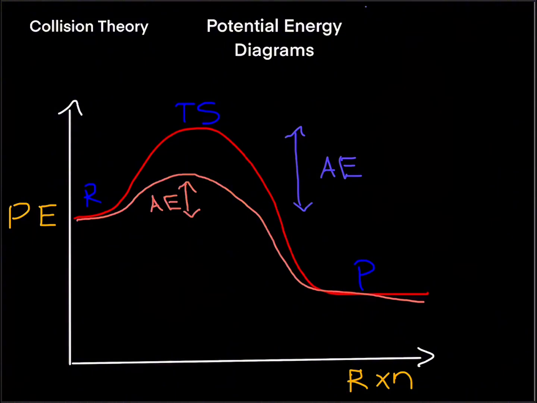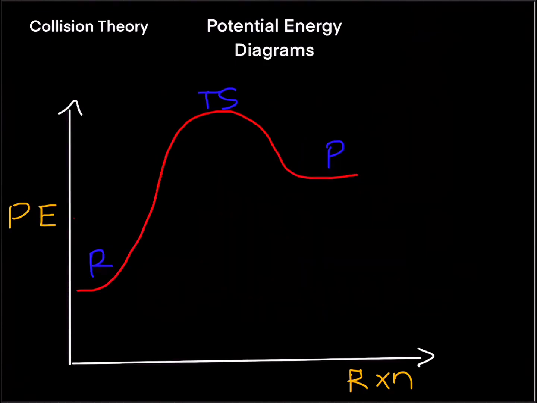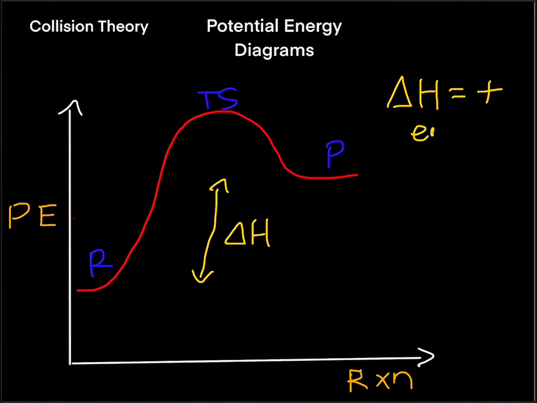Now that we can draw an exothermic potential energy diagram, let's learn how to draw an endothermic potential energy diagram. So remember, in an endothermic reaction, energy is absorbed. Therefore, the products have to be above the reactants, and now it's endothermic. As you can see, the enthalpy, or delta H, is going to be positive since delta H is products minus reactants.